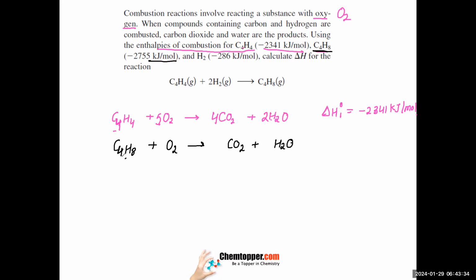So there are 4 carbons, put 4 here. 8 hydrogens, put 4 here. And now check your oxygens. 6O2. This is delta H naught 2, which is minus 2755 kilojoules per mole.